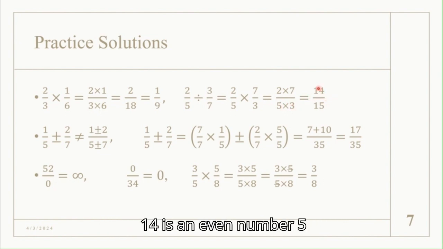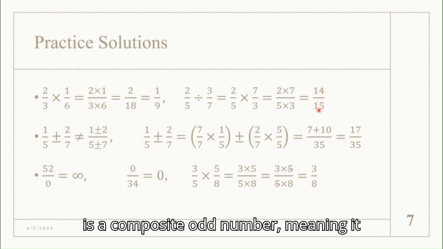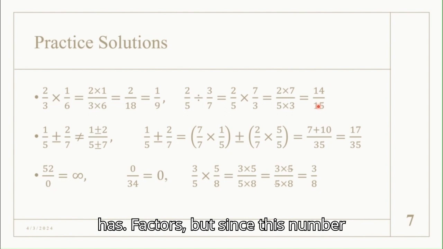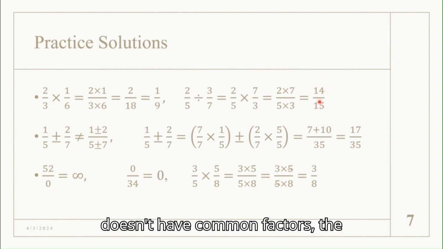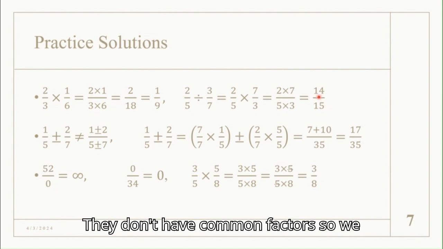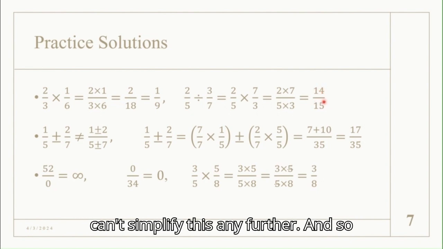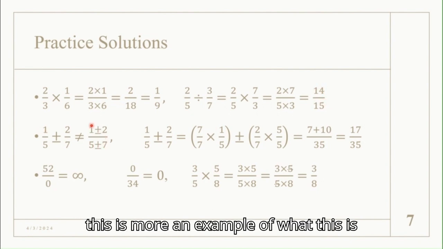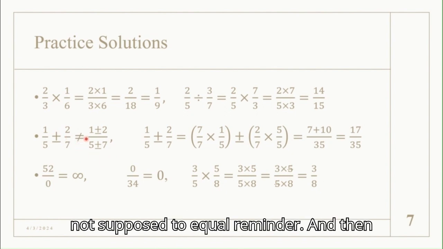Now 14 is an even number, 15 is a composite odd number, meaning it has factors, but since this number doesn't have common factors, the factors of 14 being 1, 2, 7, and 14, the factors of 15 being 1, 3, 5, and 15, they don't have common factors, so we can't simplify this any further.